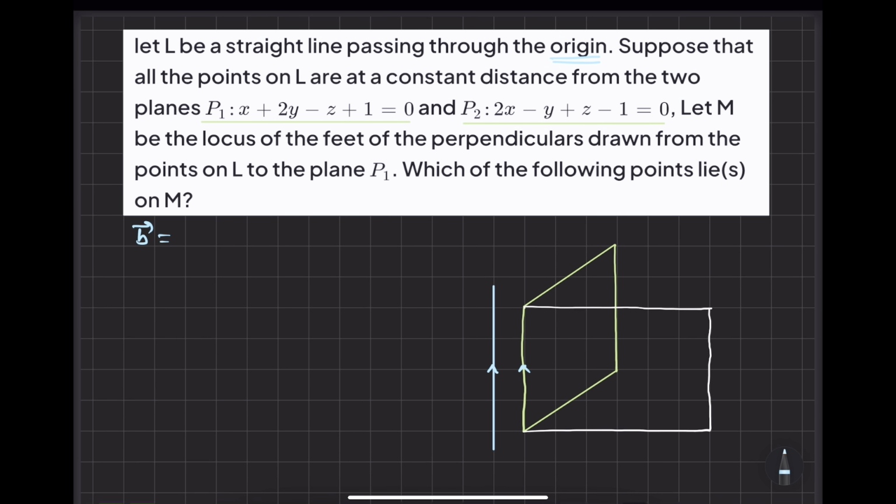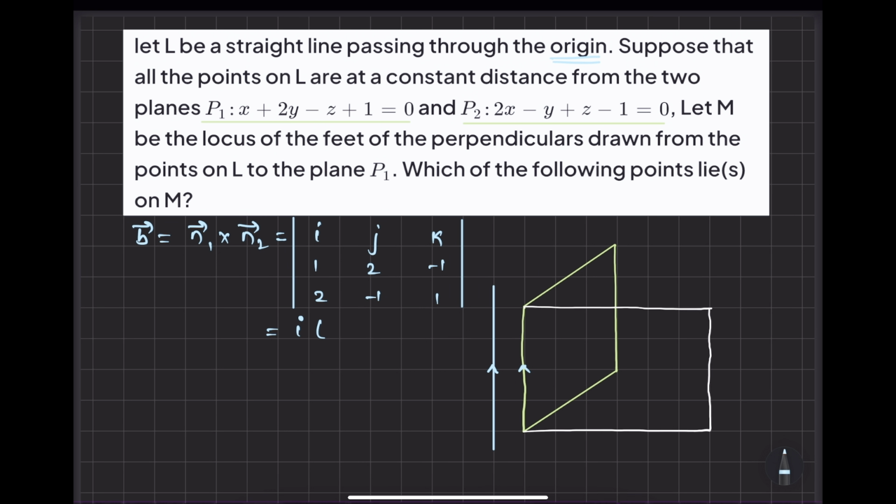So let's find out the vector. So b vector will be what? N1 cross N2. It is i, j, k. So normal 1 is 1, 2, minus 1, normal 2 is 2, minus 1, 1. So from here we will get a vector.